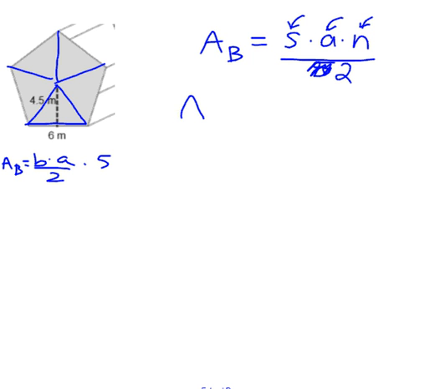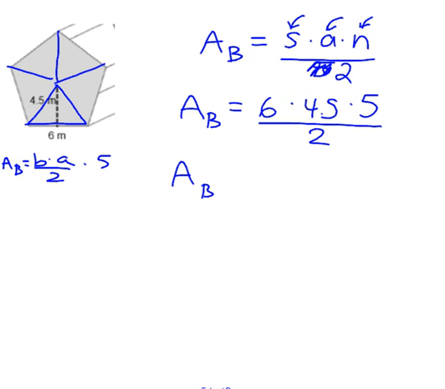So to find the area of our base, it's the measure of the side, which is 6, times the apothem, which is 4.5, times the number of sides. Here, because we have a pentagon, we multiply by 5. 6 times 4.5 is 27, and then we divide that by 2, so we get 13.5, and then we need to multiply that by 5.